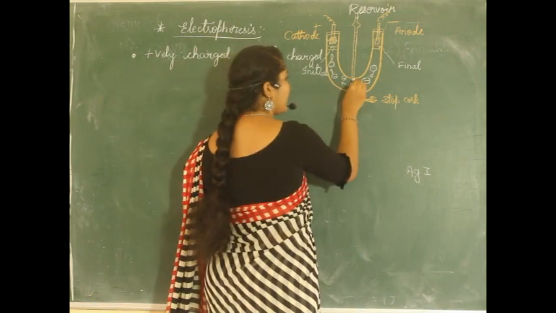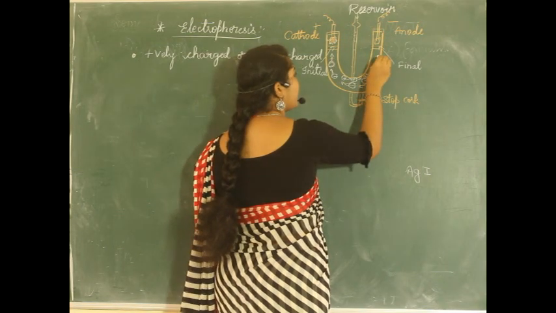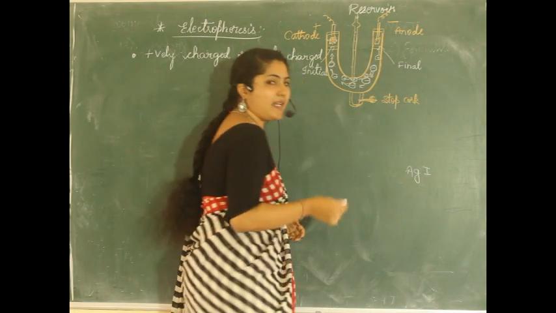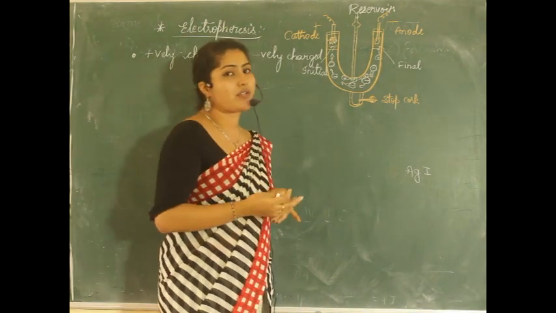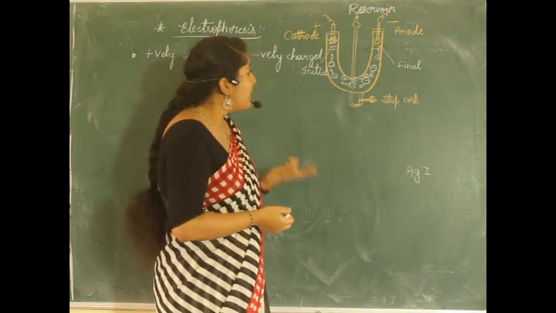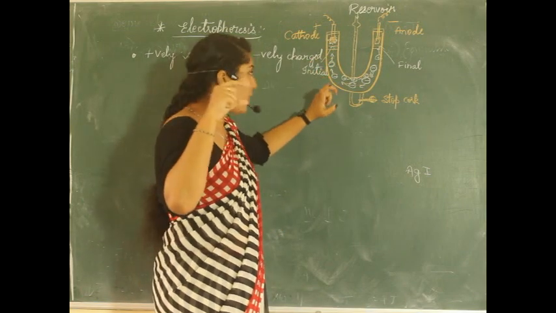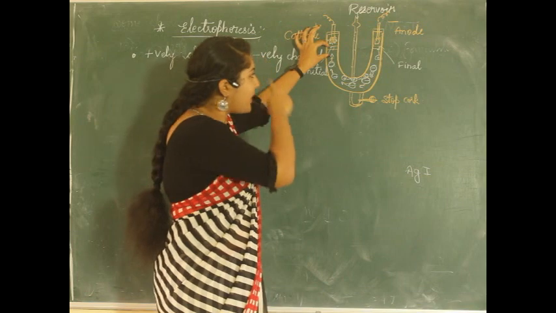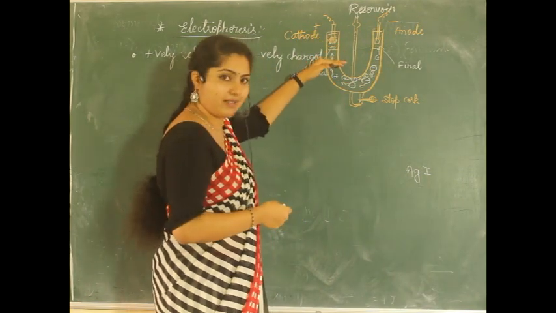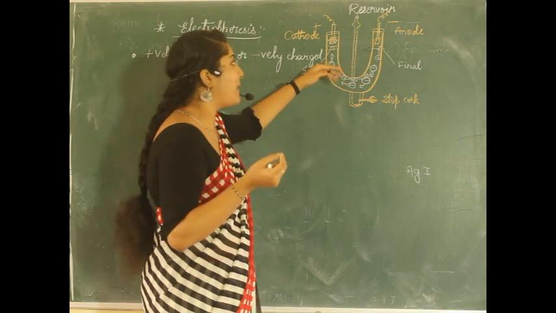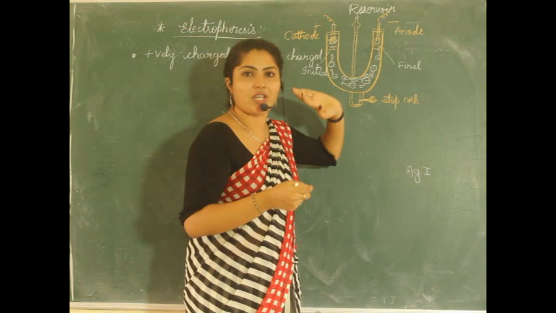They move towards the cathode and get deposited. Now how do you know whether it is positively charged or negatively charged? Here we have filled with water, a layer of water. If the particles are moving in the other direction, then here the level decreases. So what do you say? The particles are positively charged, so they have moved towards the negatively charged electrode.